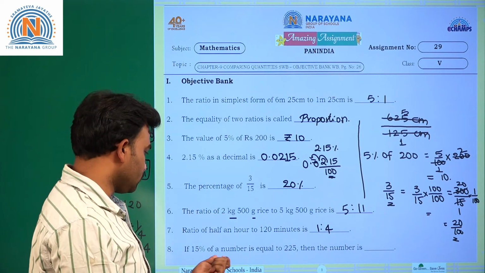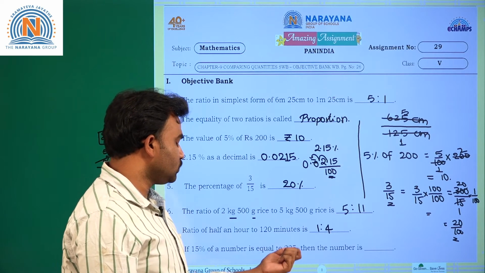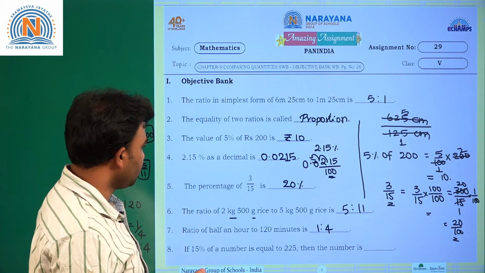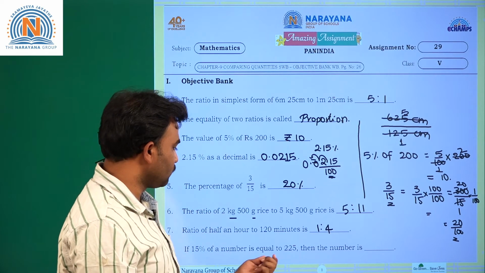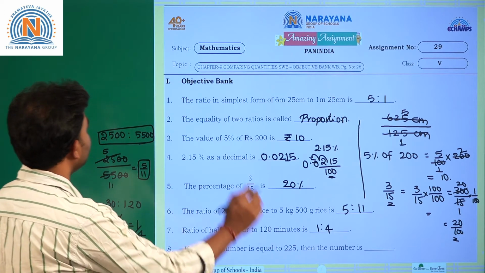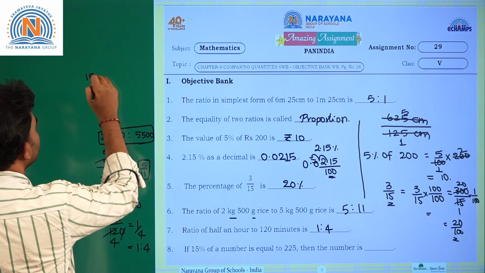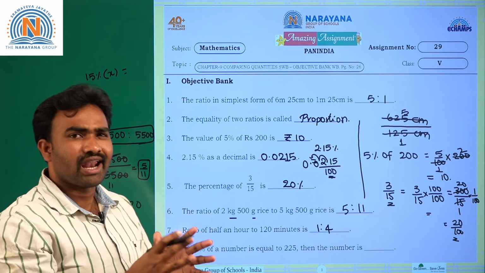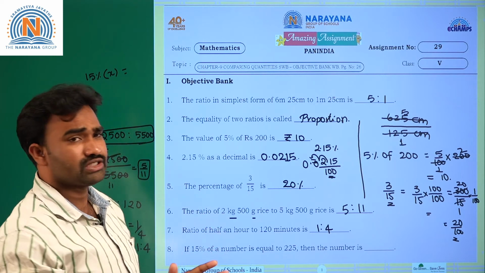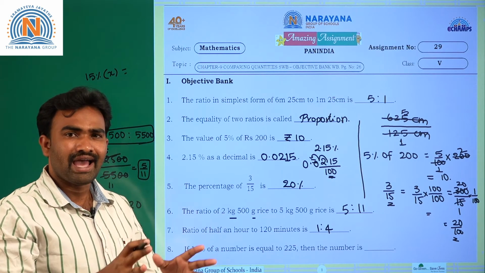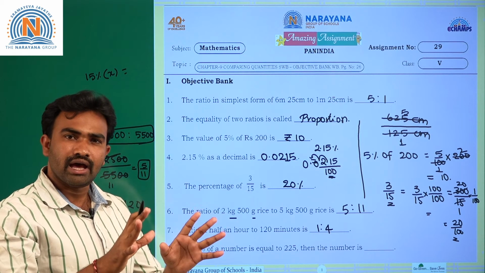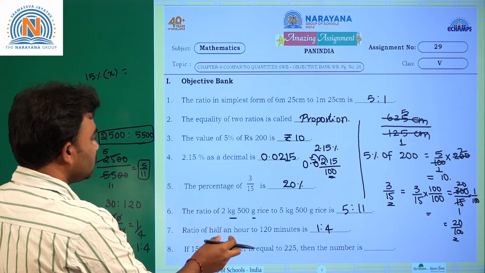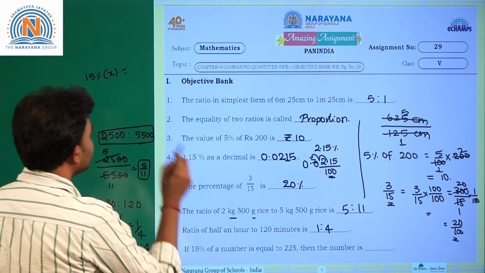Next, if 15% of a number is equal to 225, then the number is dash. That means 15% of some number is equal to 225. The number is an unknown value, and unknown values can be represented as x.